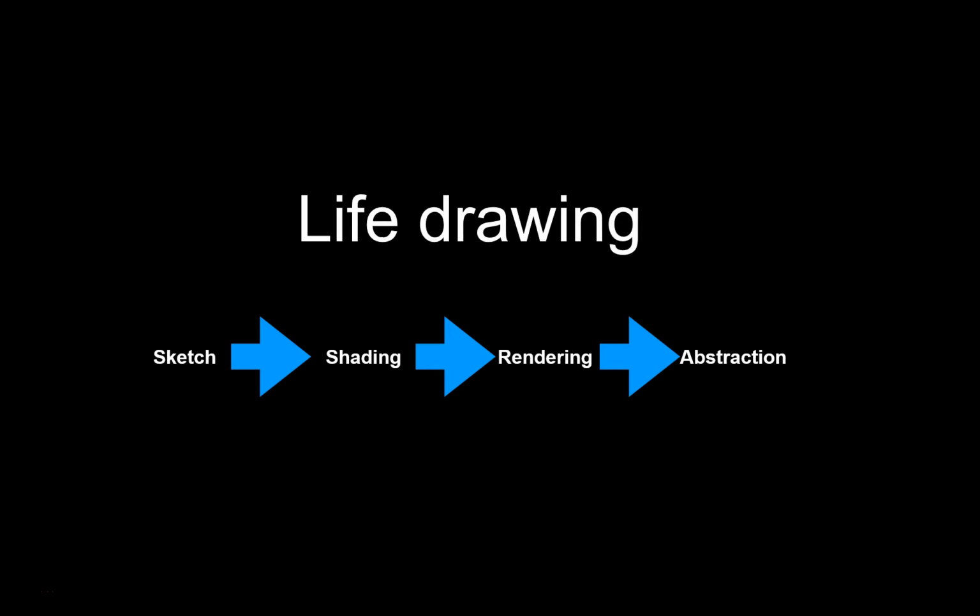Then you proceed to a 3-minute to 5-minute shading session, and then maybe a half-hour full-on rendering where you render out the lights and the reflections and all that sort of stuff. And then you go into abstraction after that when you want to commit something to canvas. This pretty much mirrors what happens within the visualization process to a greater or lesser extent.